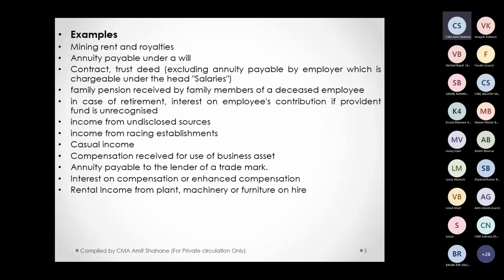Rental income from plant, machinery, and furniture. Again, there is a concept called composite rent. So let's say you have given a flat on rent, and there is a composite rent. That means whenever you are giving that property on rent, you are saying that this is my furnished flat, and for that I will charge say 50,000 rupees per month, right?